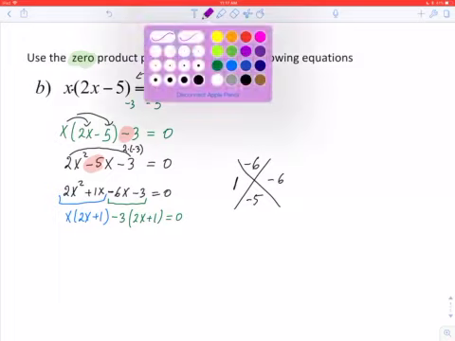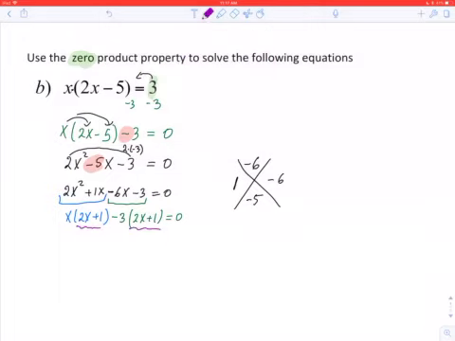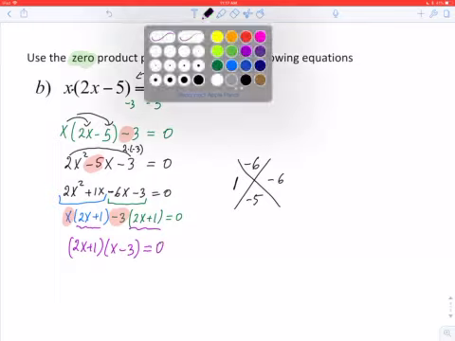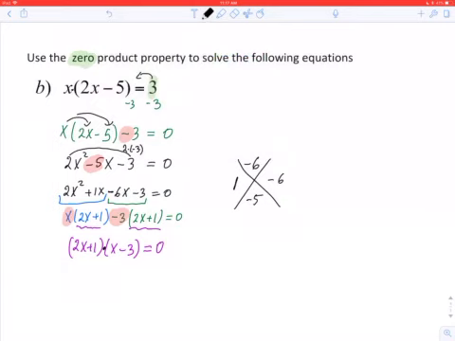2x plus 1 equals 0. And now the common factor is 2x plus 1. 2x plus 1 comes out as one factor, and what's left is in the second parenthesis. So the second parenthesis will have x minus 3. And this product is 0.